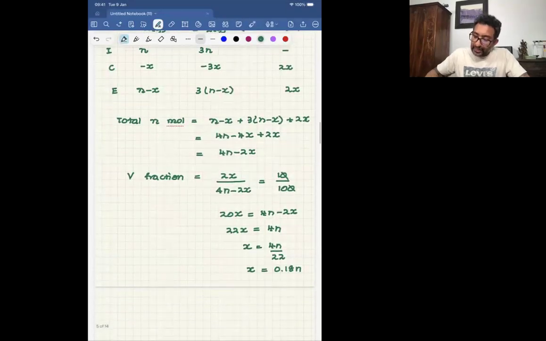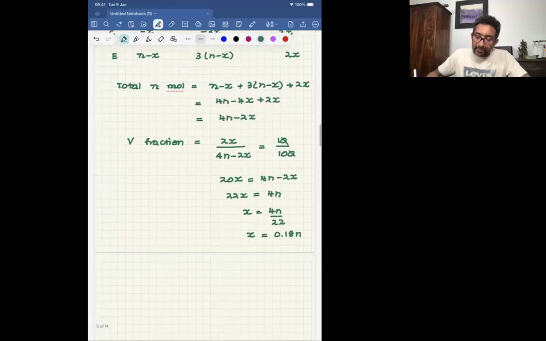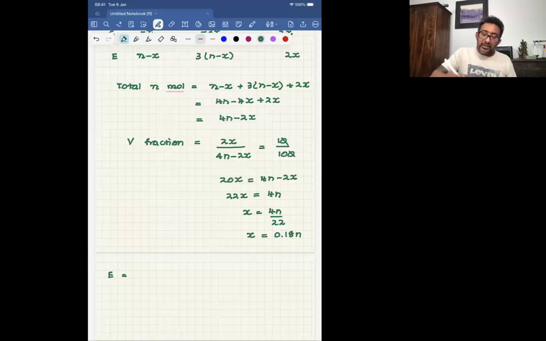Right? So meaning now you can calculate the equilibrium moles. Equilibrium moles, n minus x. Here n minus x means how much is that? 1 minus 0.18. 0.82 n.